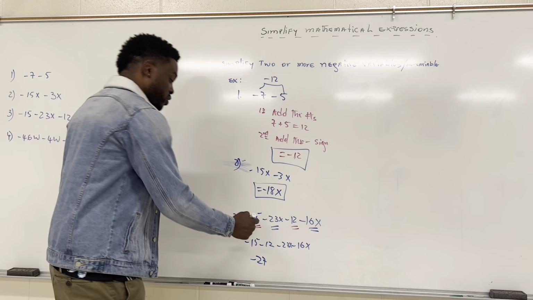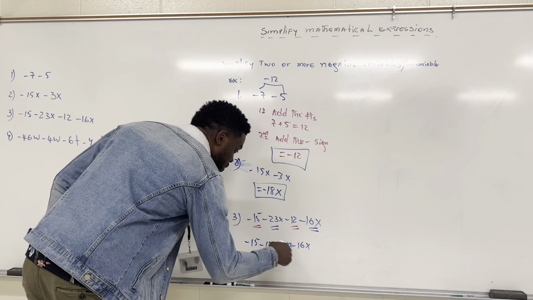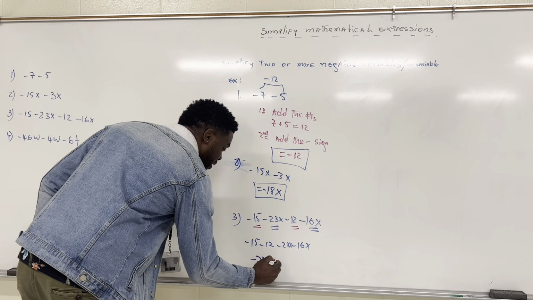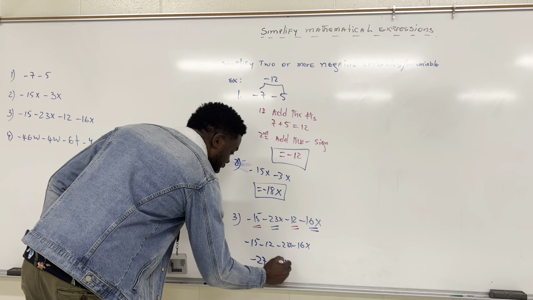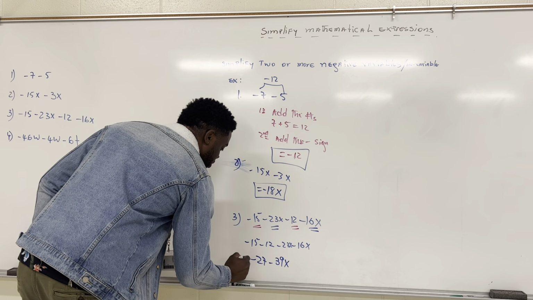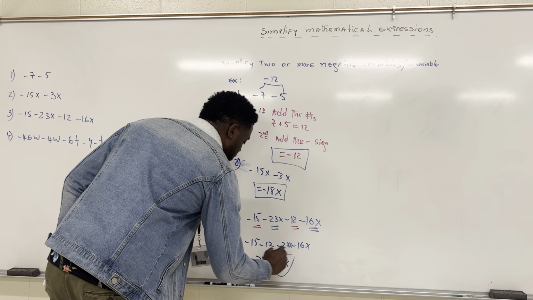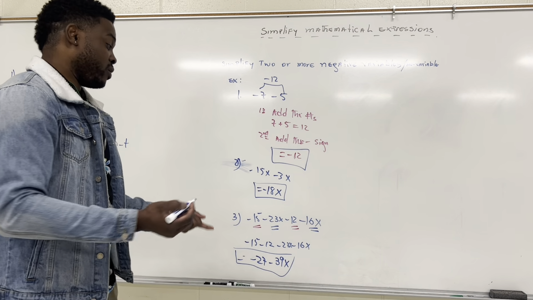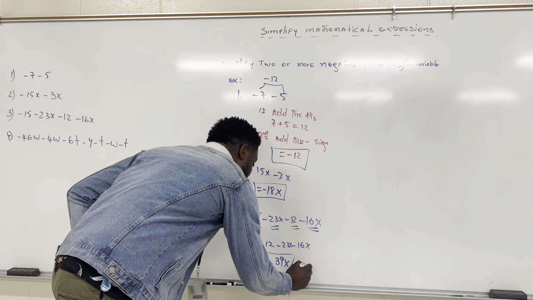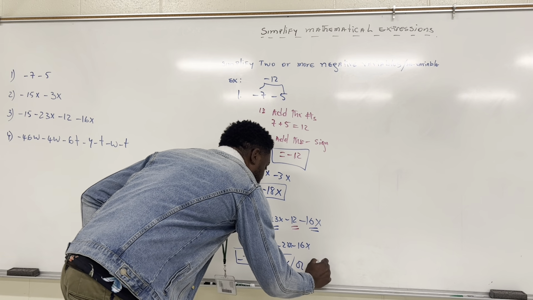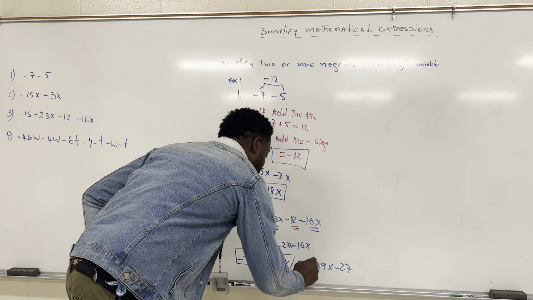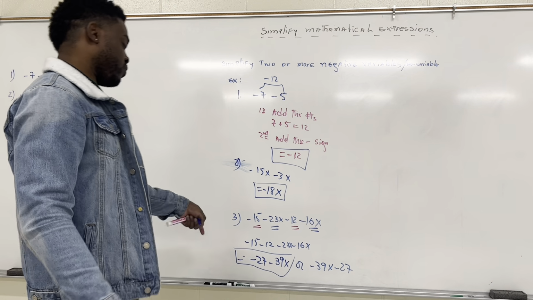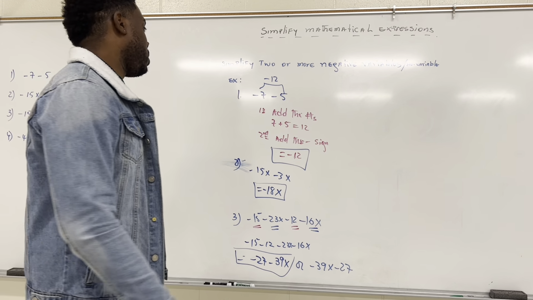This gives us 39, and we keep the negative sign, which is negative 39x. If you want, you can rewrite it as negative 39x and then negative 27. This is exactly the same thing, so you can write it either way.